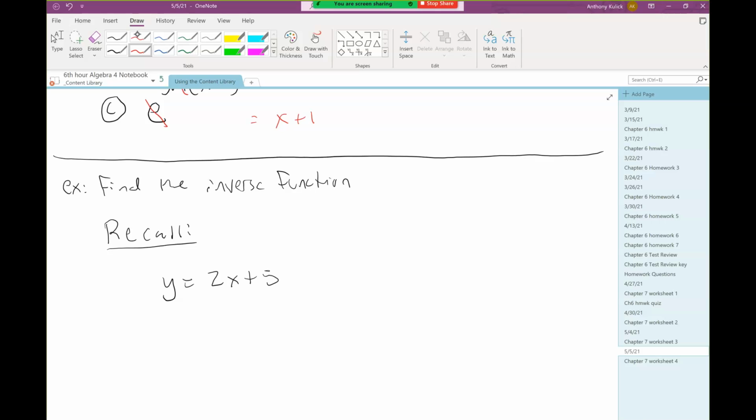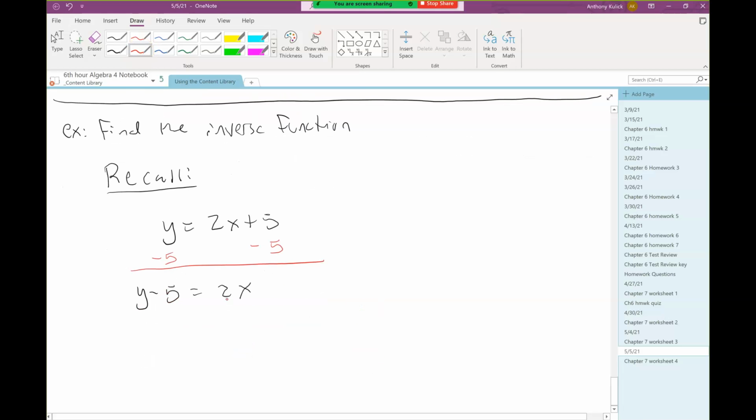So to get the x by itself, the first thing we want to do is put it on its own side. So what would I have to do to get it by itself then? Minus 5, right? Yeah, we'd subtract 5 from both sides. And remember, we can't subtract 5, a number, from a variable, so we just write it next to it. And then we divide both sides by 2.